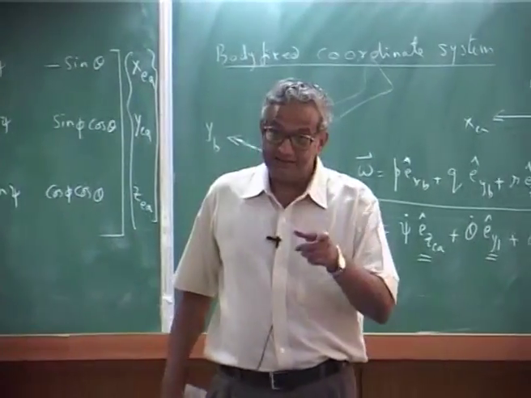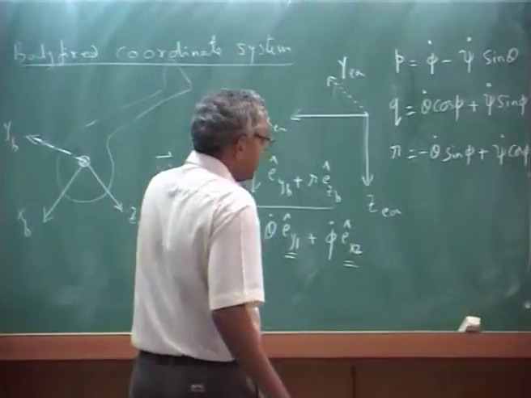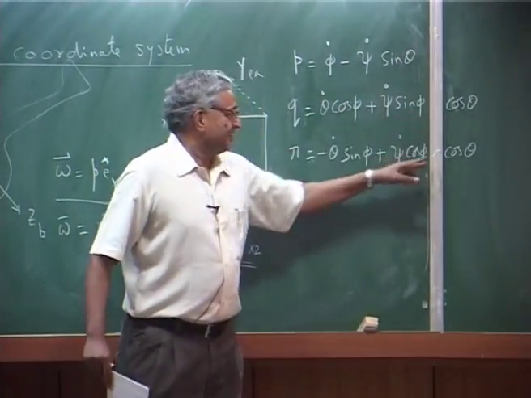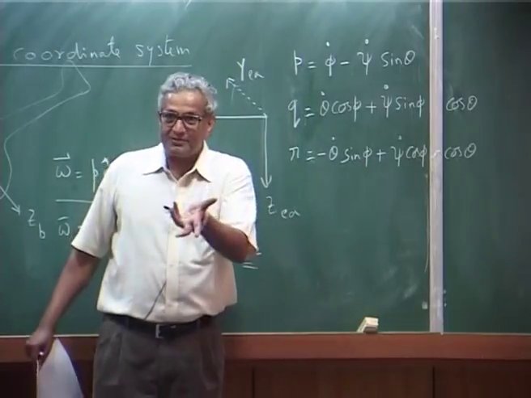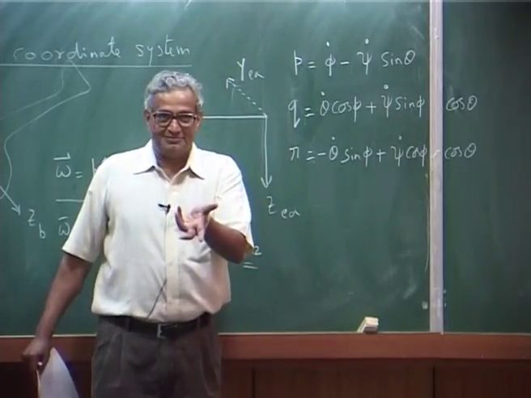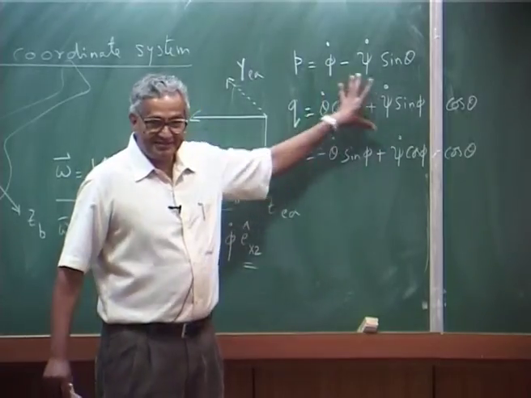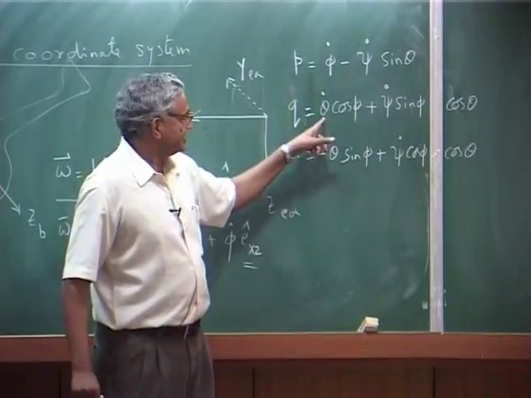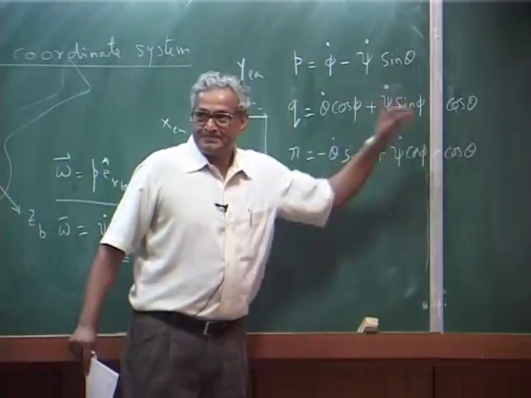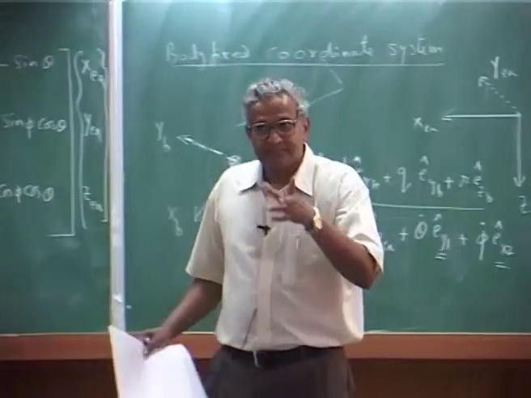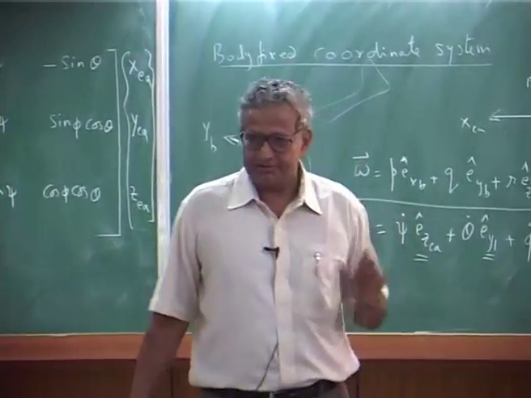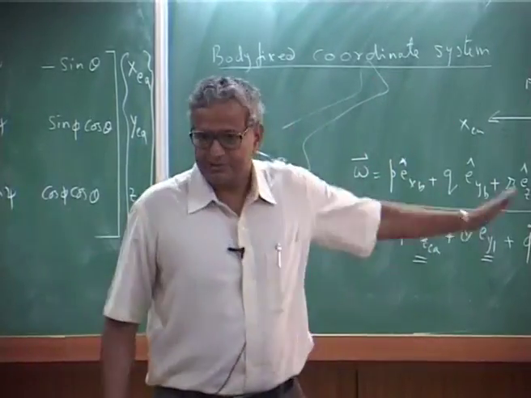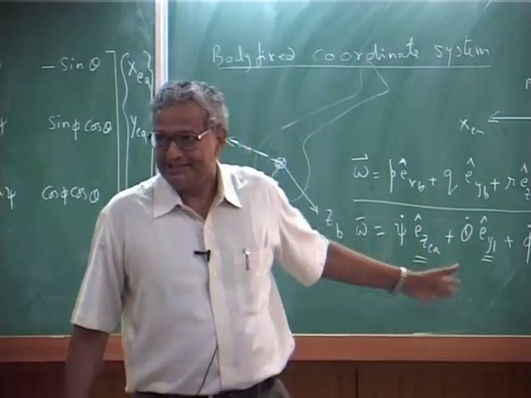the orientation angle, but please remember this relation also depends on theta and phi. That means you have to solve for the orientation angle. Okay, this is a nonlinear relationship, because theta dot is there, and then there is also theta. This is what is used in navigation, even satellite communication, everything.